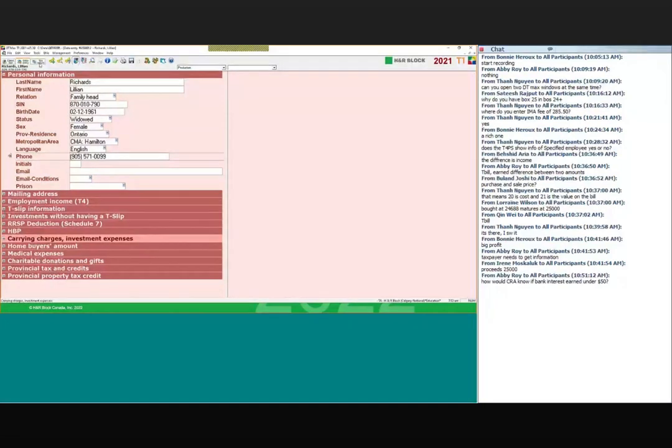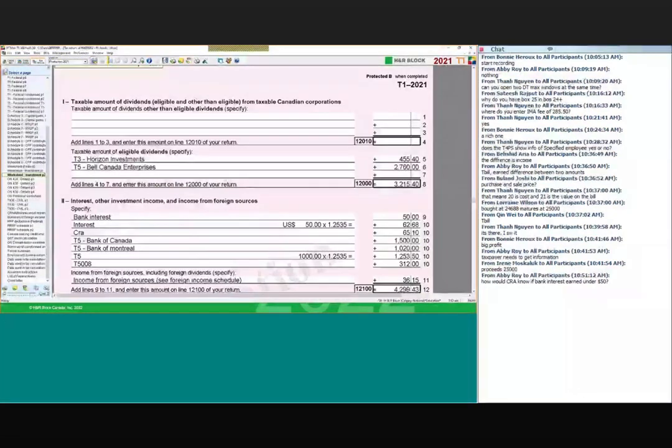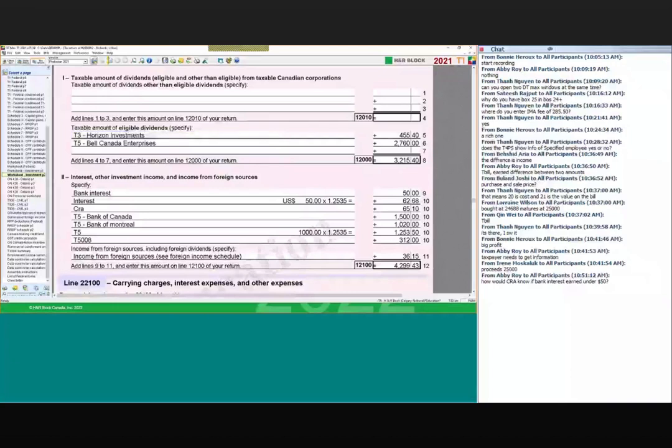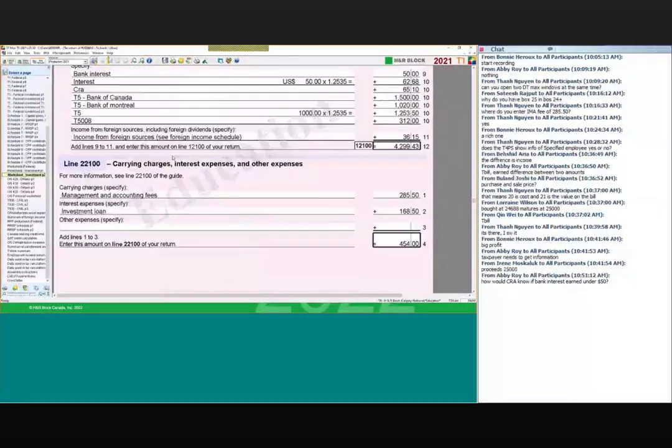So let's go to the tax return, and we've entered all her T3 slips. We're also going to see on line 221 the carrying charges. Here we see carrying charges of management fees and investment loan for Lillian, and the total amount is $454.